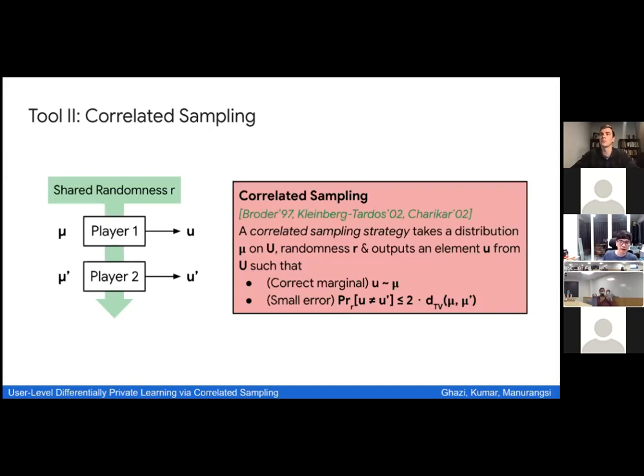Correlated sampling is a strict restriction of coupling. It's not about computation. It's not about the length of the randomness. I think it might be from the fact that correlated sampling has to work for every mu, regardless of mu prime. Maybe, yeah.